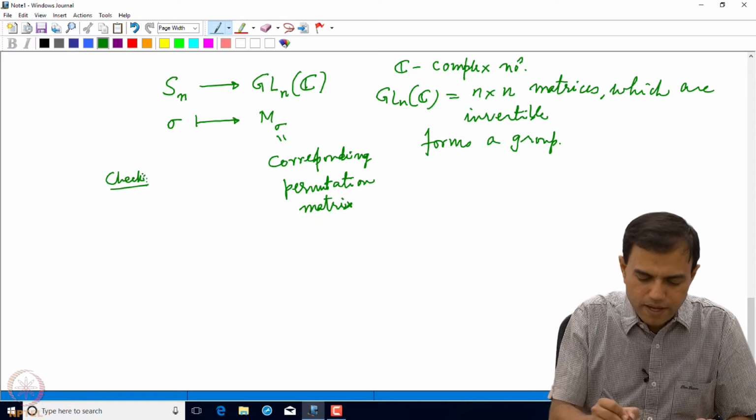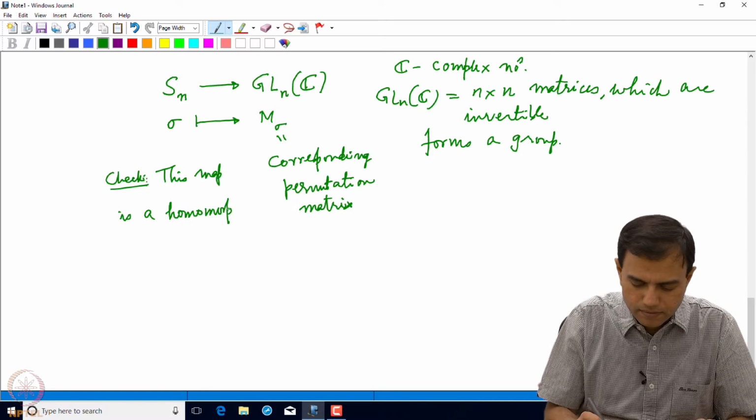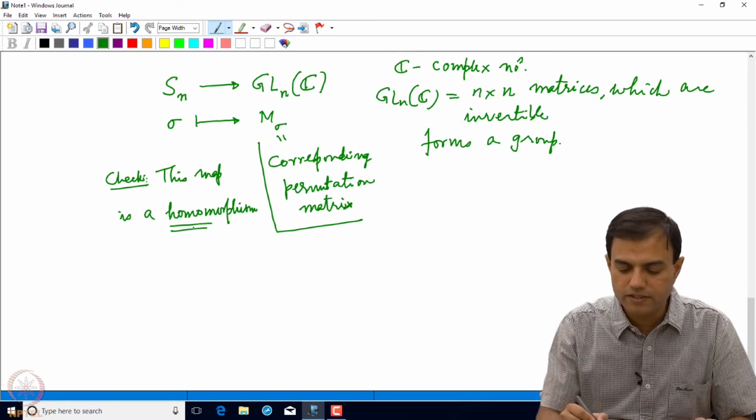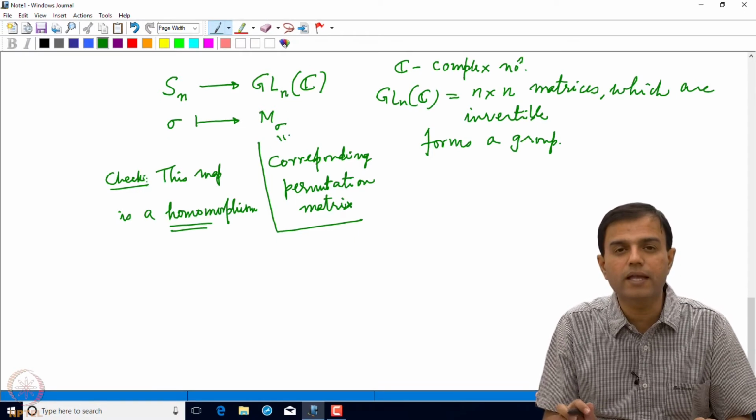Therefore this map is there, and you have to check that this map is a homomorphism. You have to check this when sigma permutes the identity element as columns or rows.